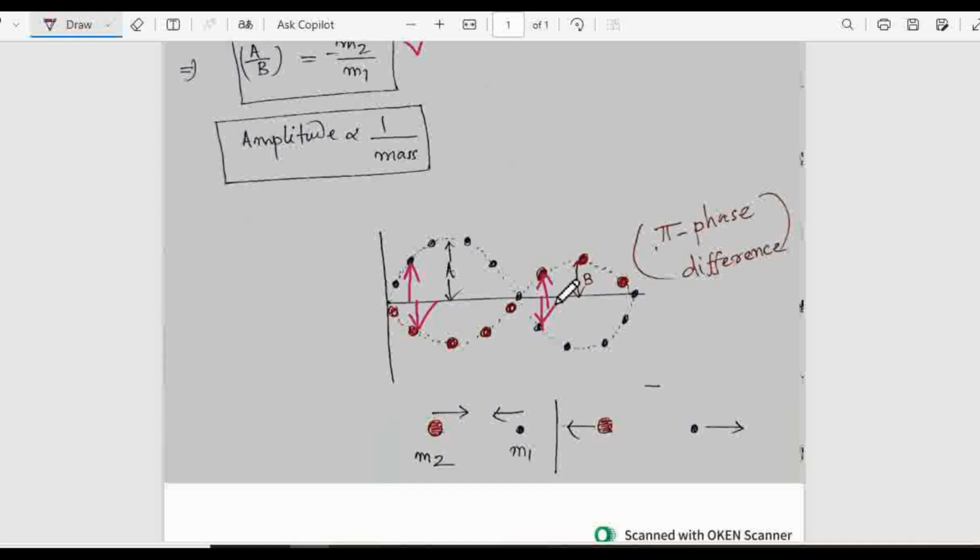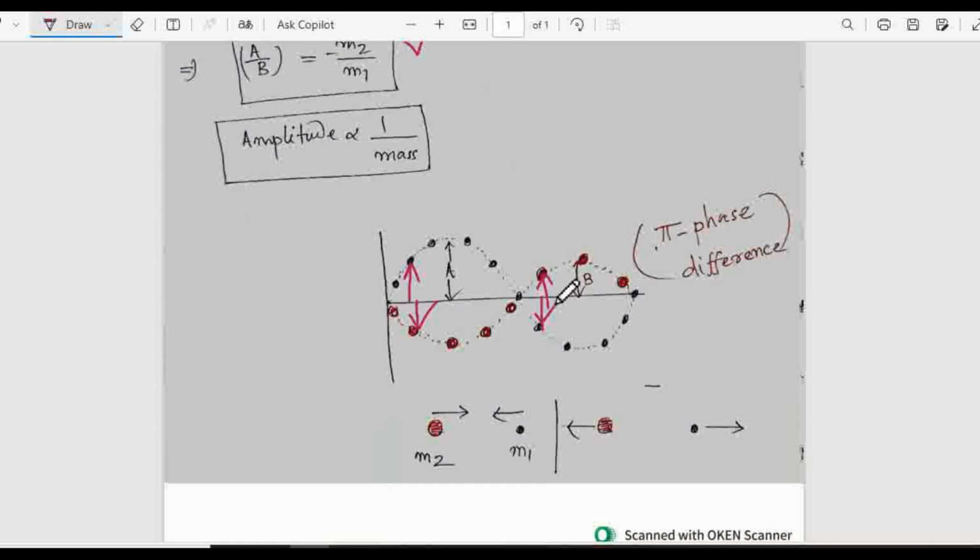So what conclusion do we get? Both masses are out of phase. When one mass is moving up, the other is moving down, or when one mass is moving right, the other is moving left.